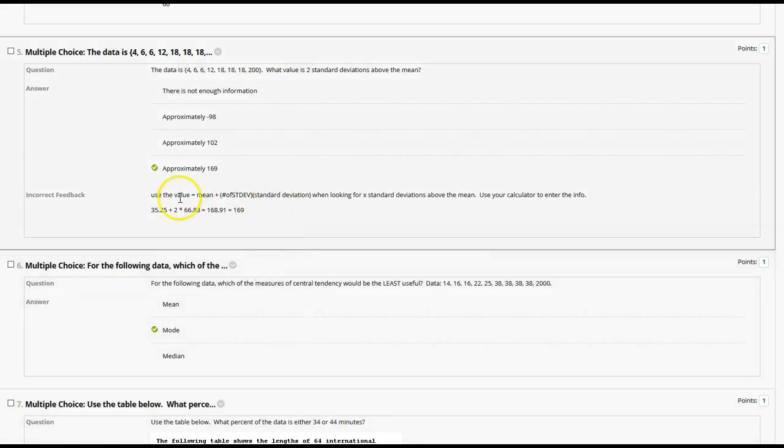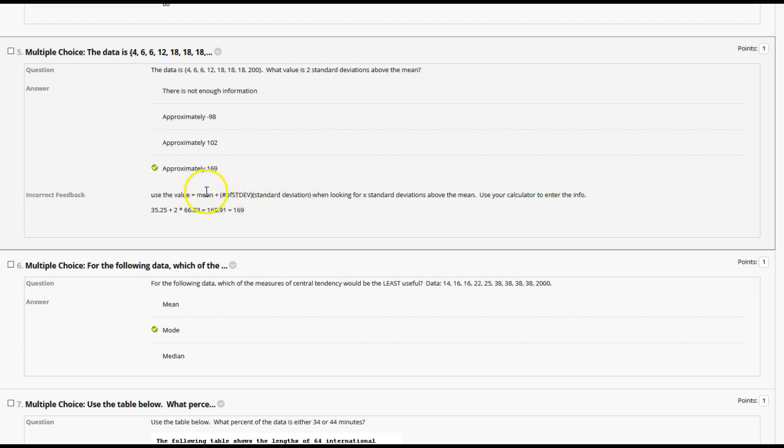And if you look here, the equation is the value equals the mean, so you have to find that, plus the number of standard deviations. We want 2 standard deviations, so it's going to be a positive 2. If it said 2 standard deviations below the mean, it would be a negative 2. So just remember that.